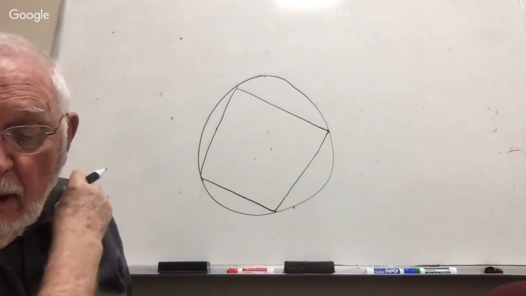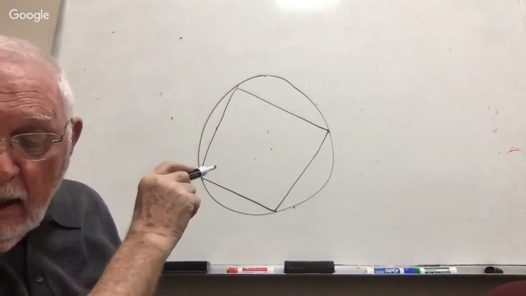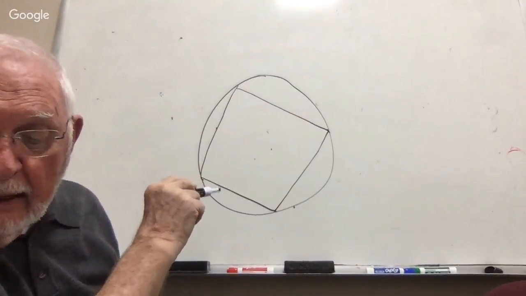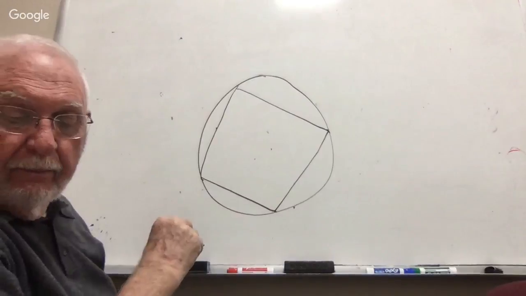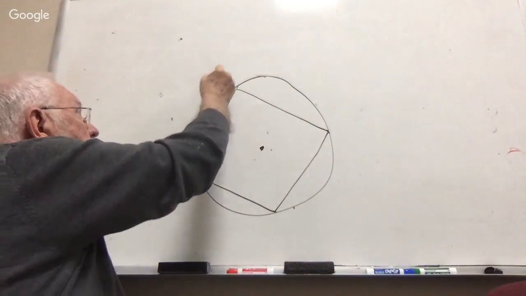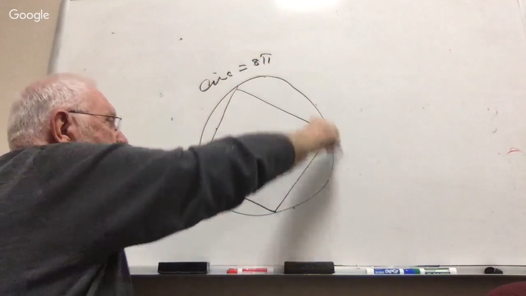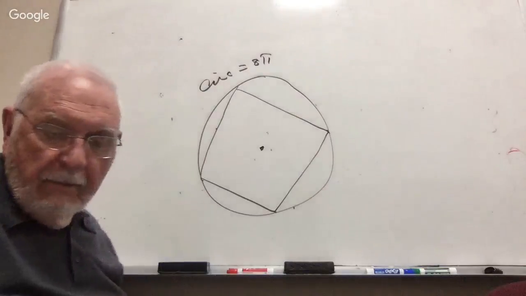All right, in the figure above, the circumscribed circle about this square has a circumference of 8 pi centimeters. So the circumference equals 8 pi. Now that's the distance around the circle.